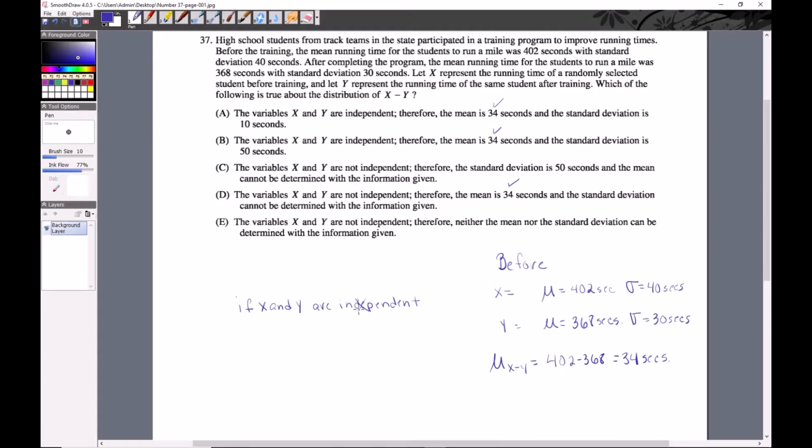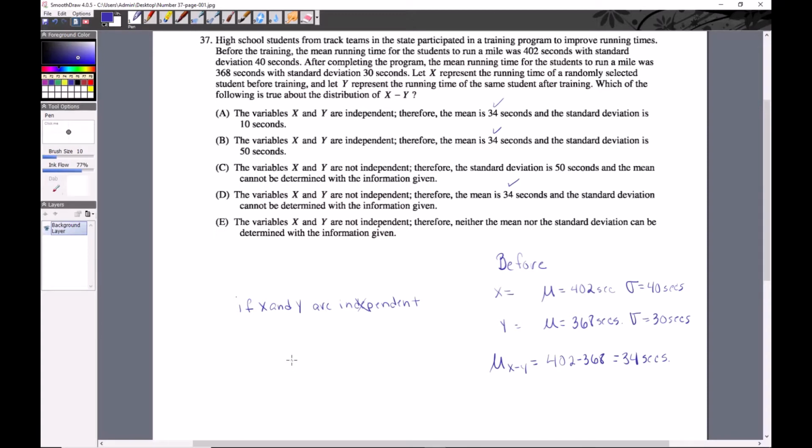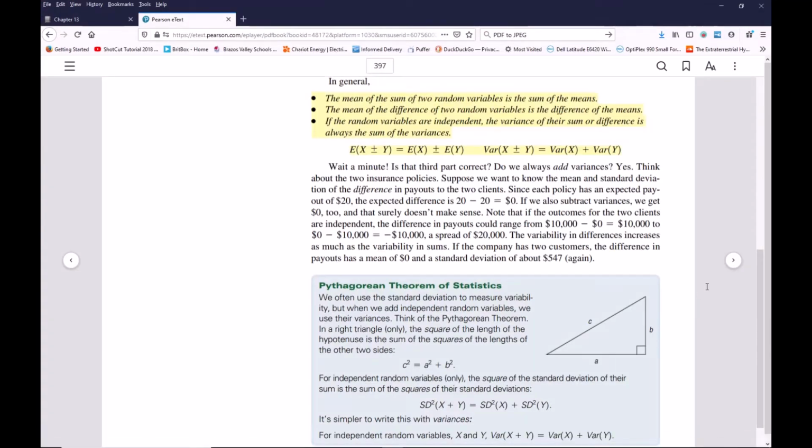And I did go and look this up, because I looked through the notes that I had taught you, and I think I may have thrown it out there quickly, but not enough to really emphasize it. So here's the online textbook, and here is kind of your summary rules for combining random variables. Like, the mean of the sum of two random variables is the sum of the means.